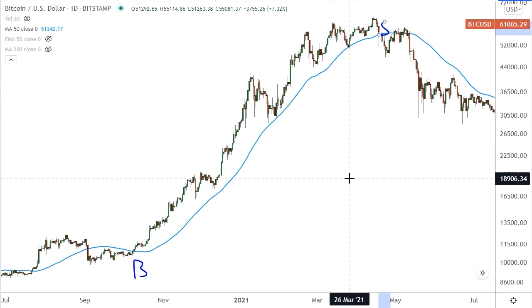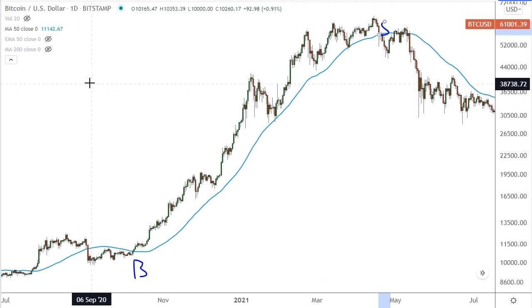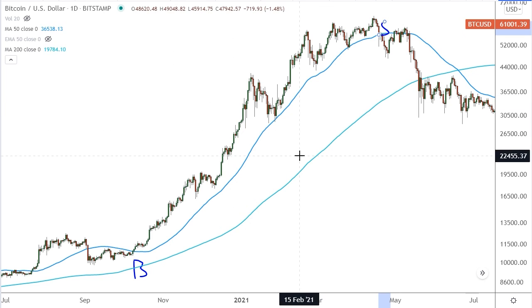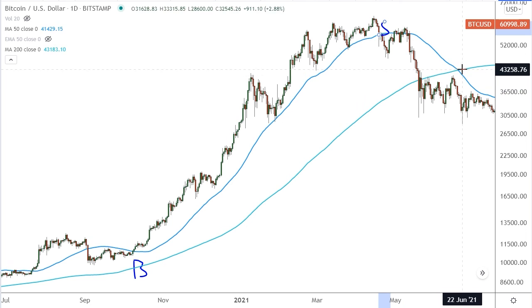And to take this another step further, we could add two moving averages. This is another popular way that traders will use moving averages. They'll use the longer moving average, in this case the one that moves a little bit slower, and they'll say that's the trend direction.